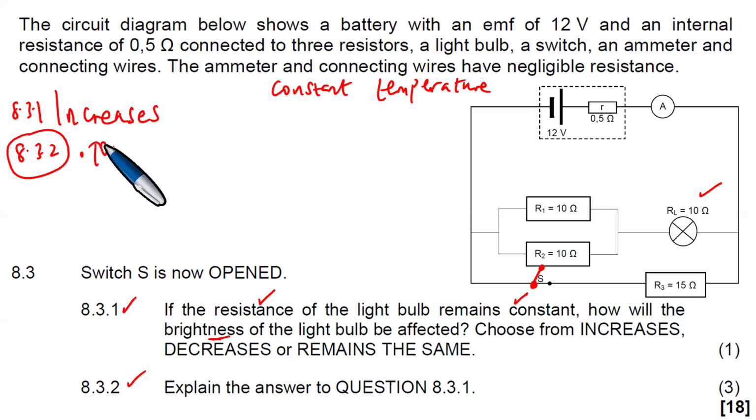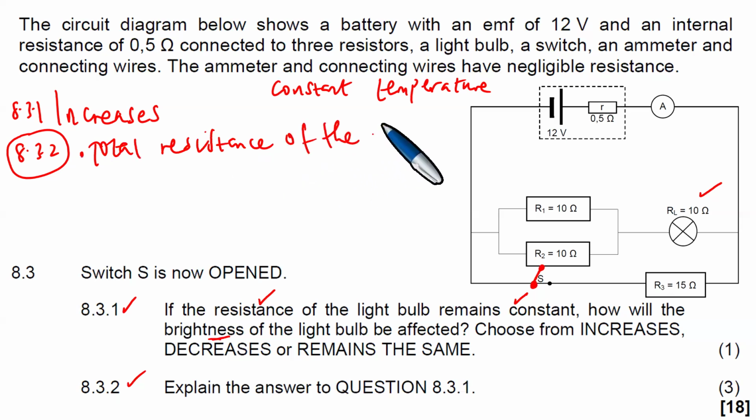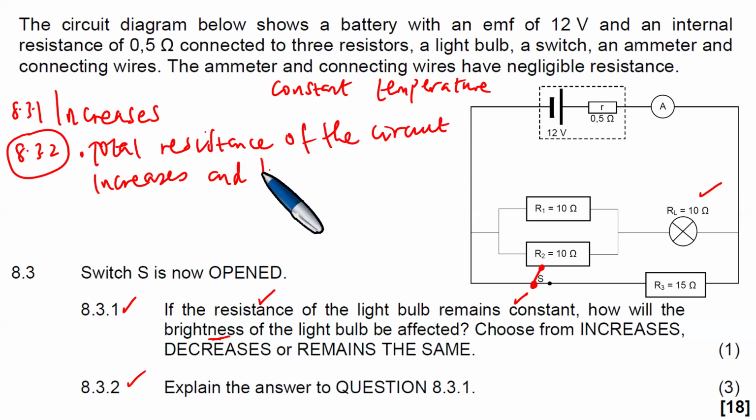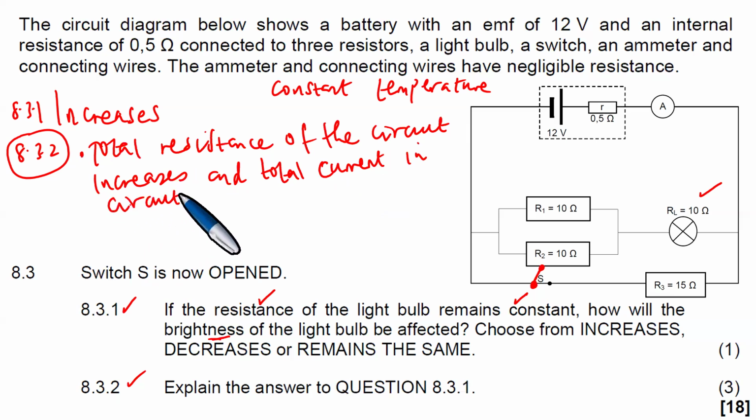The total resistance of the circuit increases, and the total current in the circuit decreases.